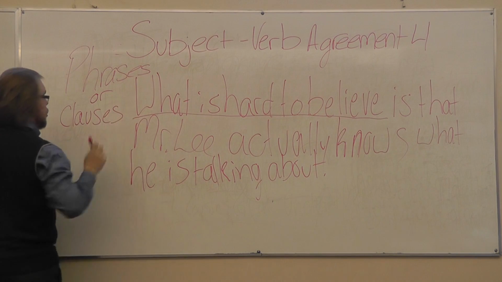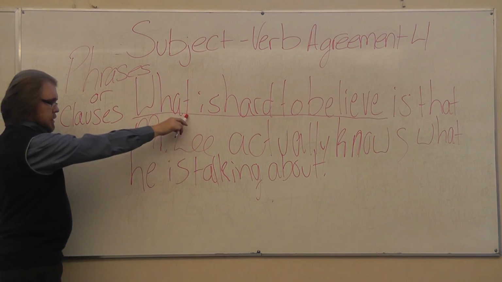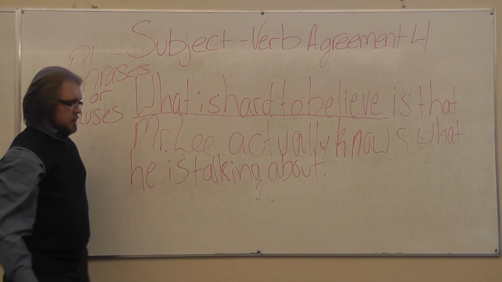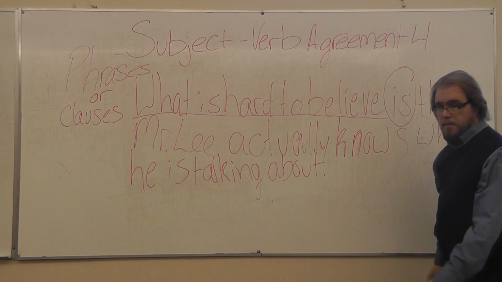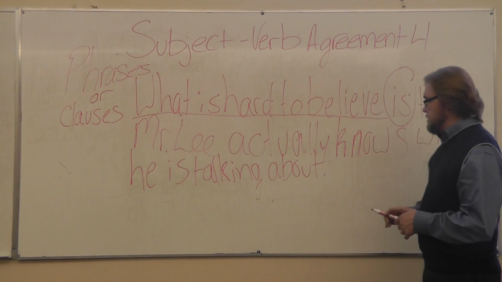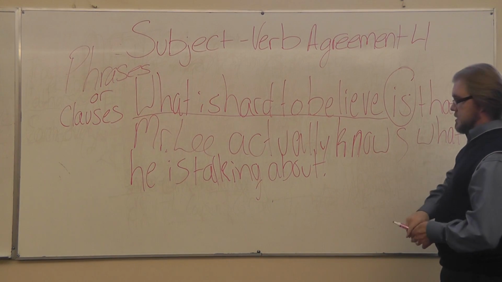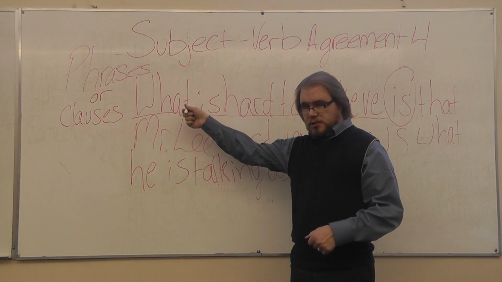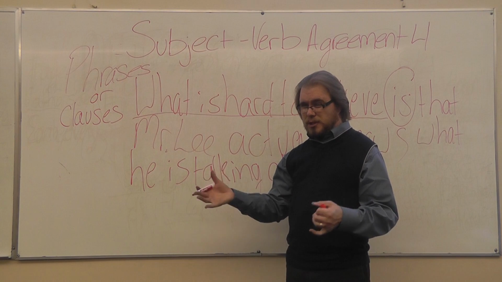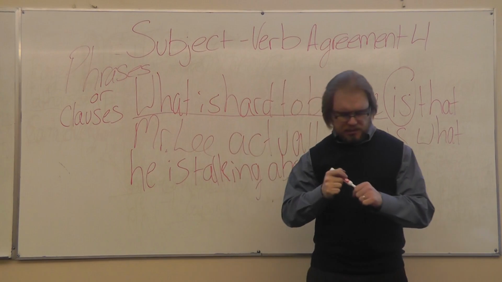And phrases or clauses, when they function as a subject, are always singular. Okay? So they're always singular. If we did it in the past tense, it would be was, and so on.